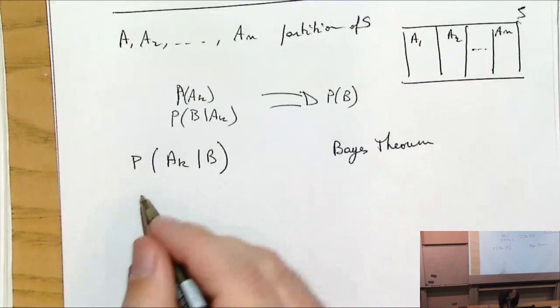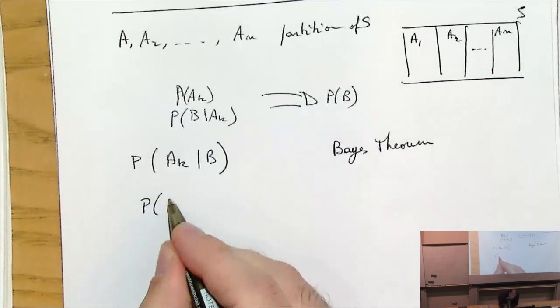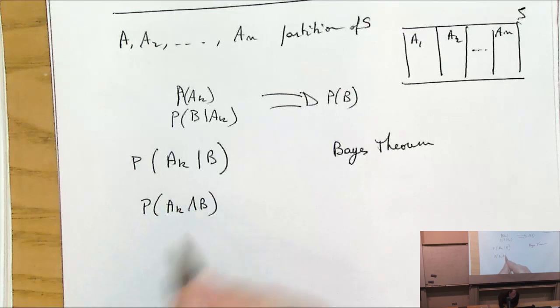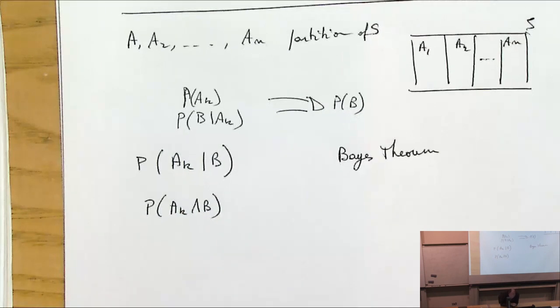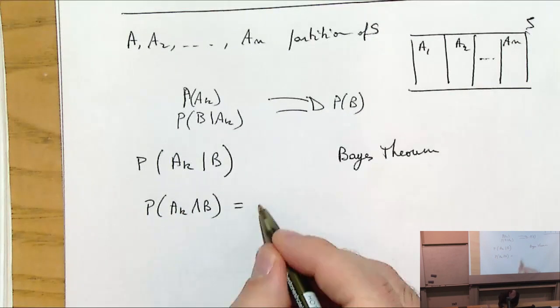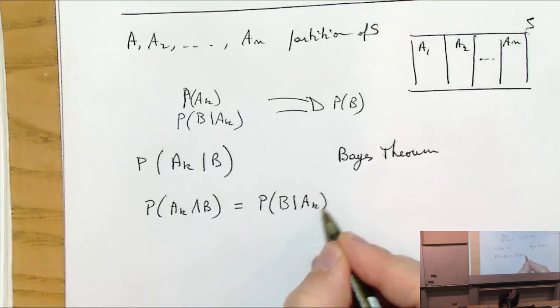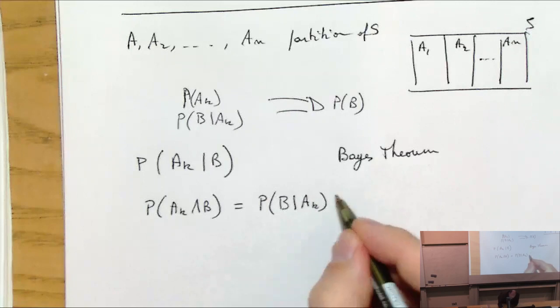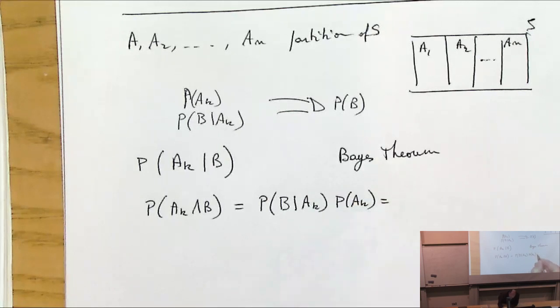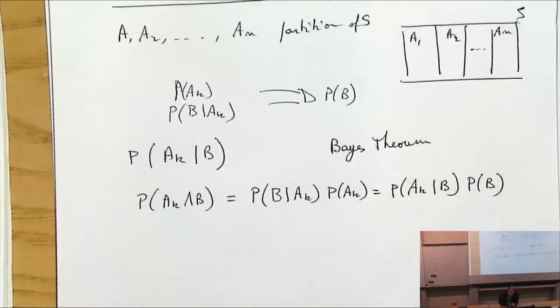And so what we can write is that the probability of the intersection between AK and B is probability of having B given AK multiplied by probability of AK occurring. And this is also the probability of having AK occurring given B multiplied by P of B.